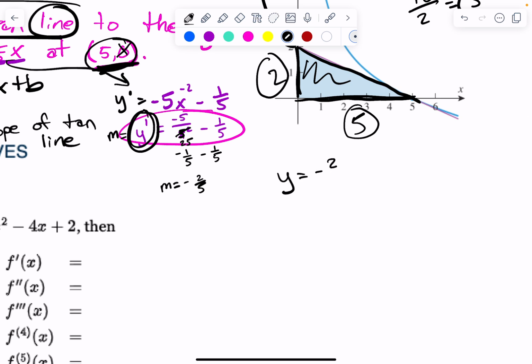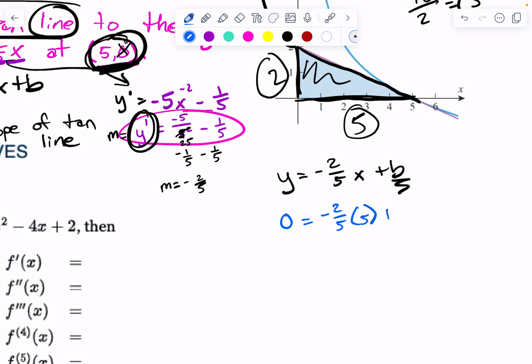Okay, so I'm going to bleed over into this part. Y equals negative 2/5 x plus b, and to solve for b, now I plug 5 and 0 into x and y, right? Y is 0, 5 is x, and I have plus b. Negative 2/5 times 5 is just negative 2 if I add the 2 over. B equals 2.